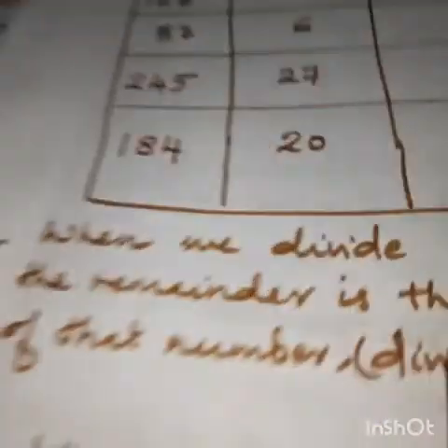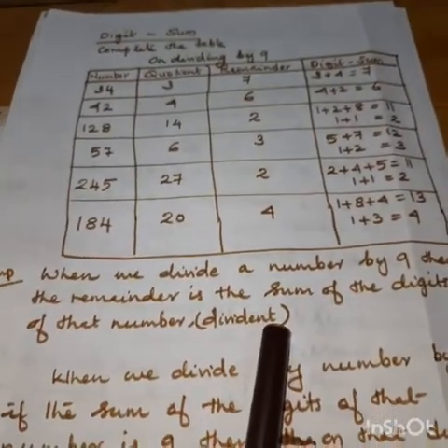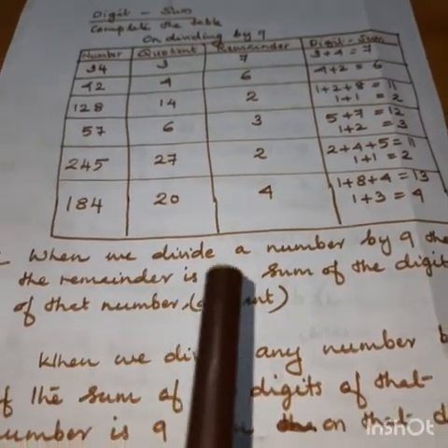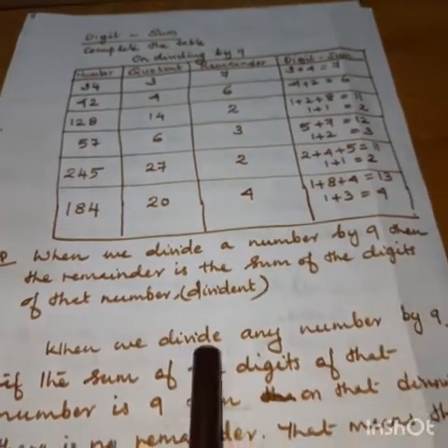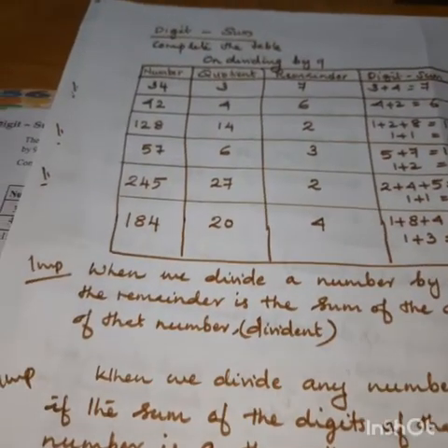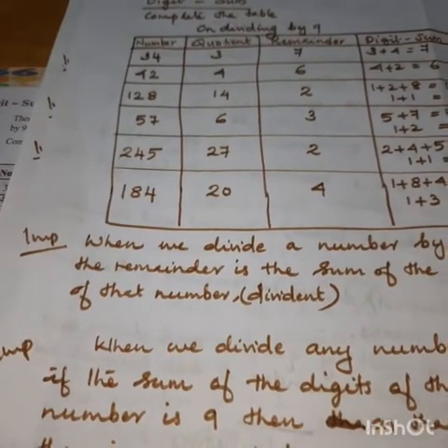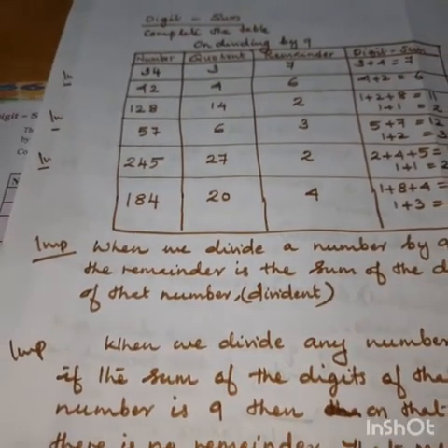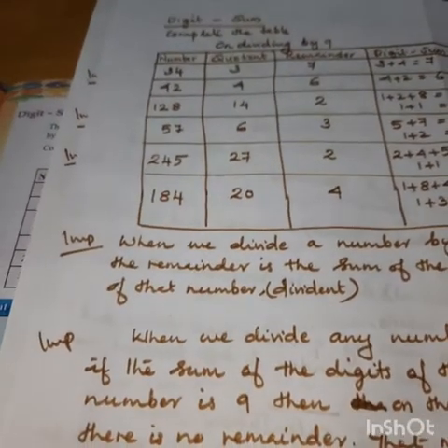Like that. That means when we divide a number by 9, the remainder is the sum of the digits of that number, the dividend. When we divide any number by 9, if the sum of the digits of the dividend is 9, then there is no remainder, or that number is fully divisible by 9.